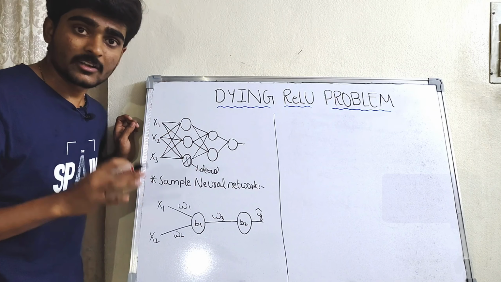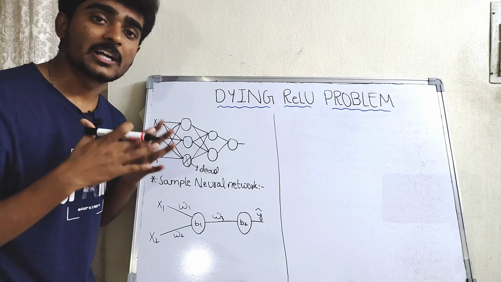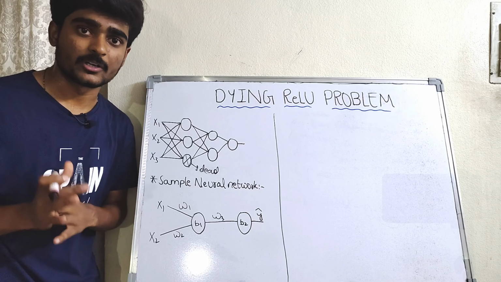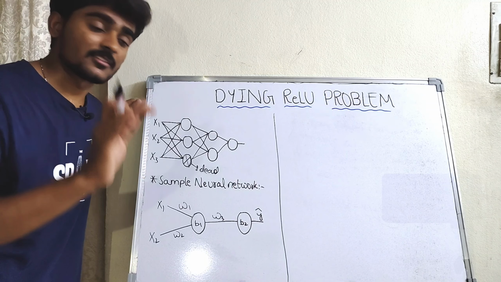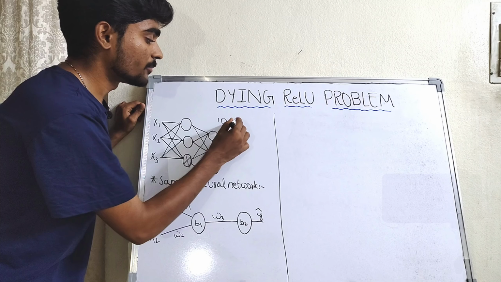But before that, I need to specify that in an artificial neural network, if more than 50% of the neurons are dead, then the predictions of the artificial neural network are not accurate. There are also chances that 100% of the neurons may be dead.